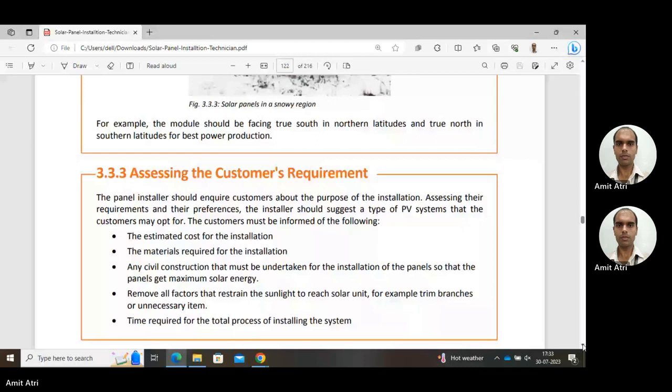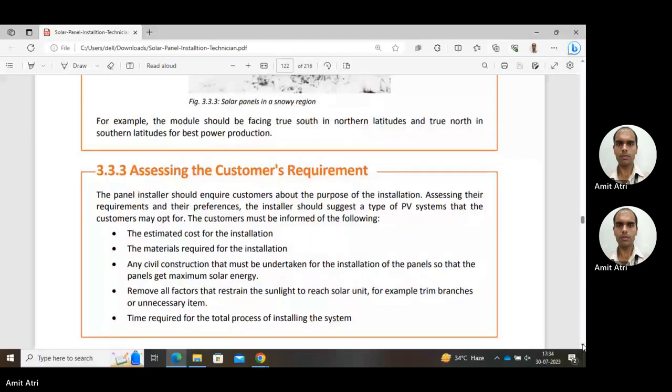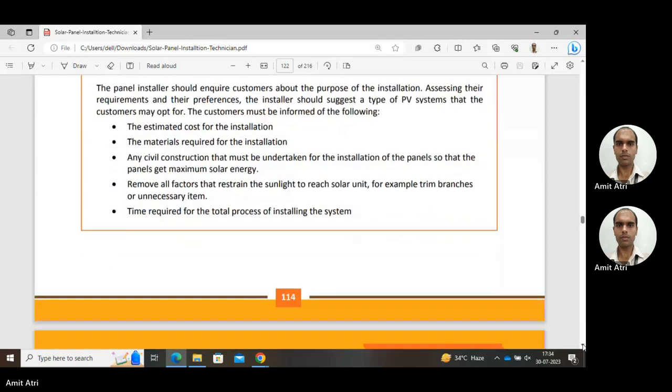Like if trees are causing a shadow, then we need to trim the branches or remove or shift other items. We have to inform the customer that we have to do that. Next is the time required for the total process of installing the system. All these things the installer should inform the customer.